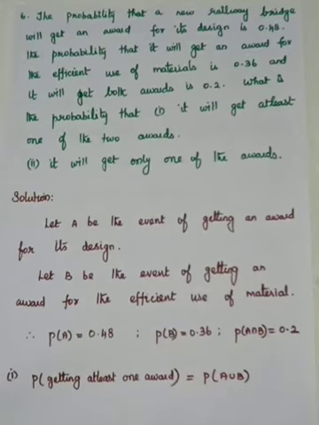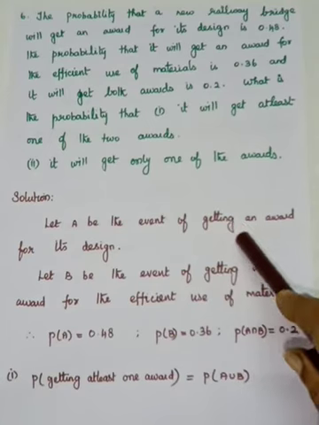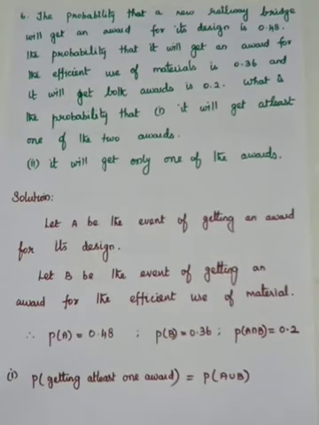Okay, so first we have to denote the events. Let A be the event that the railway bridge will get an award for its design. Next, let B be the event of getting an award for the efficient use of material.